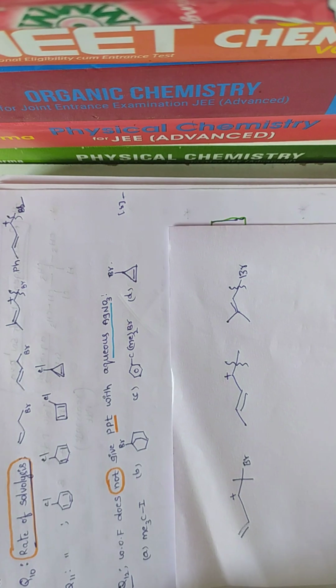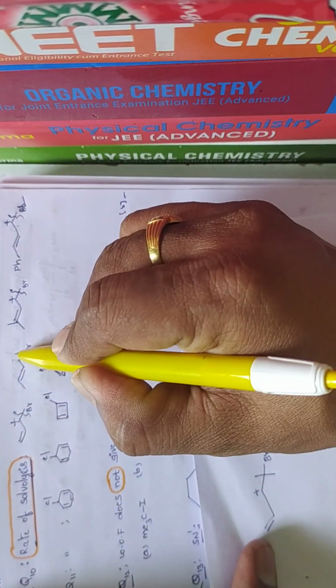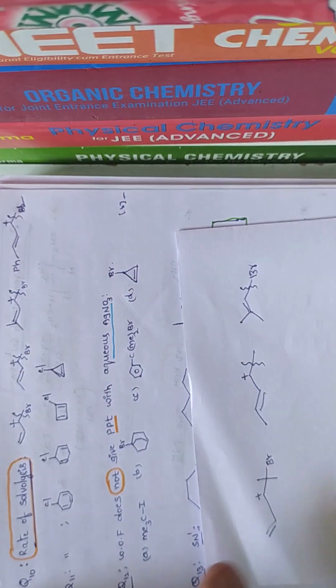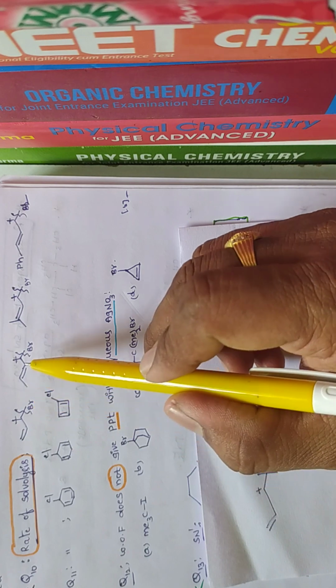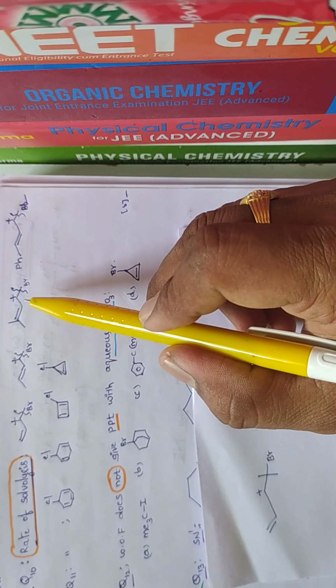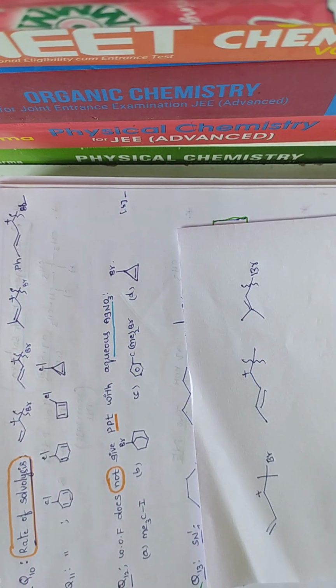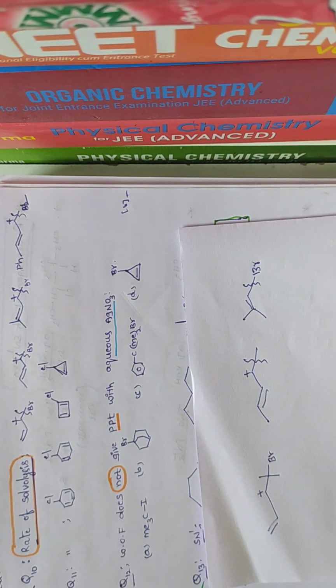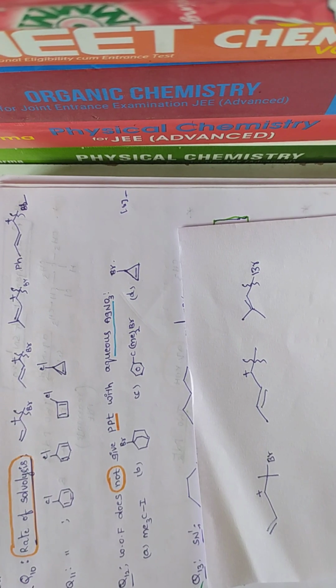After the formation of carbocation, you see the stability of the carbocation. Which carbocation is more stable among these? Here this is an allyl carbocation, this is also an allyl carbocation, and so on. Which one is undergoing more solvolysis reaction?